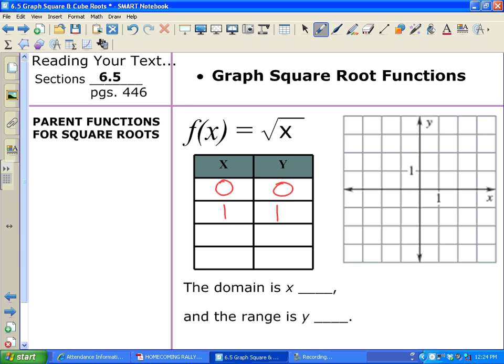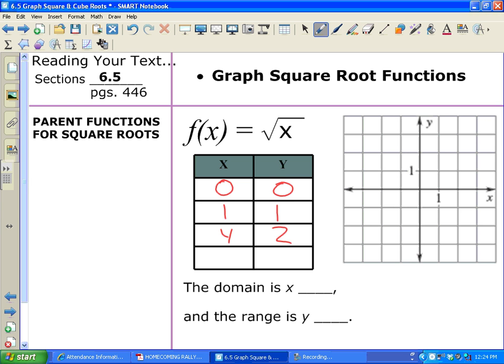The next number I'm going to use is not 2, and not 3. The next number I'm going to use is 4. I chose the number 4 for a reason. Hopefully you can look at that function and see why. In this case, it's a nice perfect square. So the square root of 4 is 2.